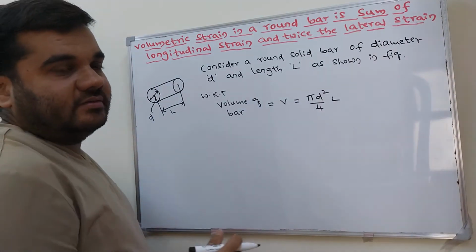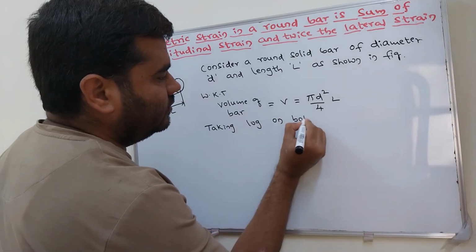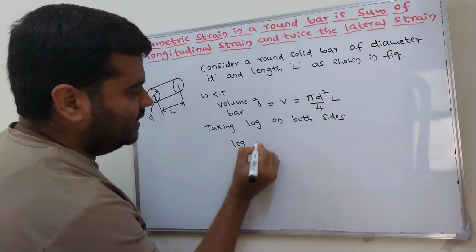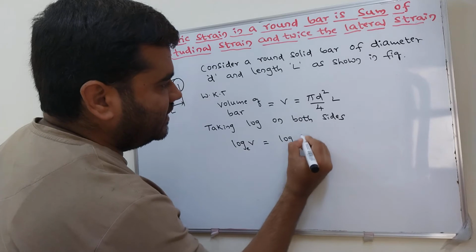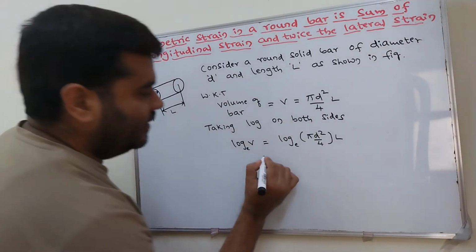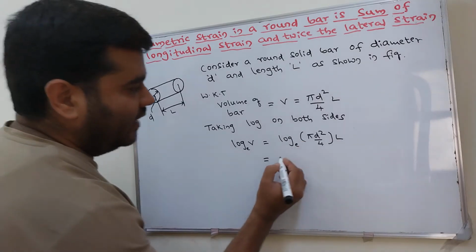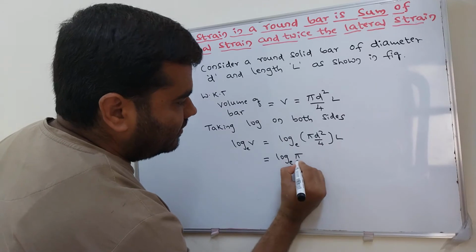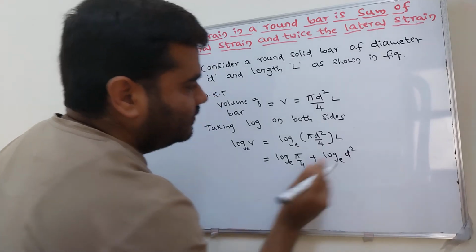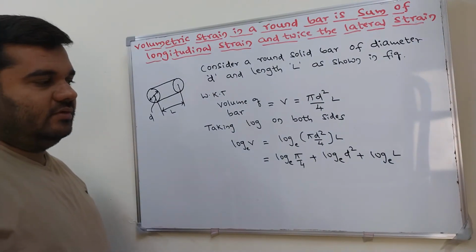Taking log on both sides: log to the base e V equals log to the base e of pi d square by 4 into L. We know that log of A into B is log A plus log B, and we apply that formula here. So log to the base e pi by 4, plus log to the base e d square, plus log to the base e L. I just applied the formula and split it.